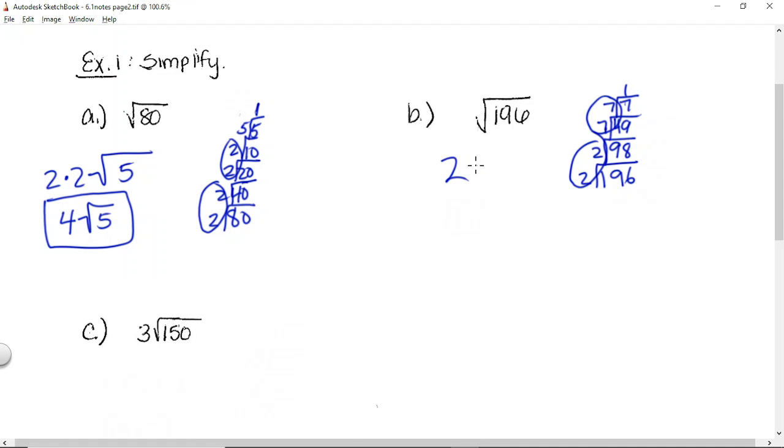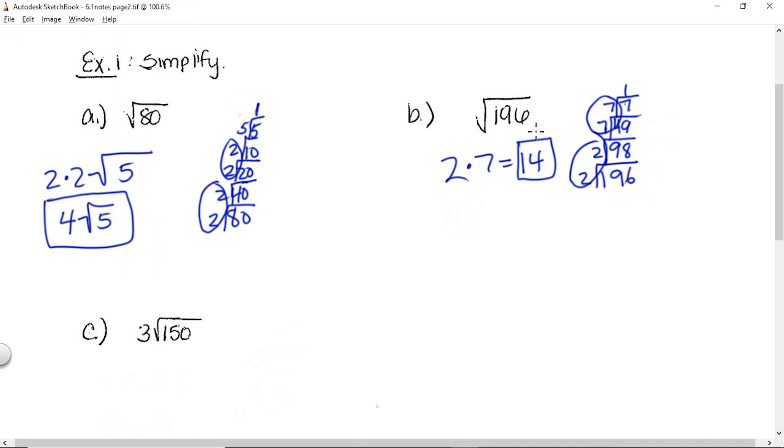We have a single pair of 7s, so that gives us a single 7 out here. There's no leftovers, right? The 1 doesn't count as a leftover. It would just be the square root of 1, which is just 1. So we have 2 times 7 on the outside, nothing on the inside. So that is our answer.